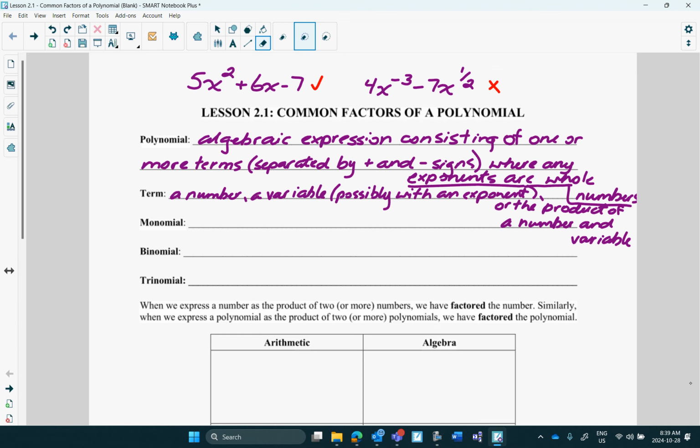Okay, these last three, hopefully you remember. A monomial is a polynomial with one term. And if you know that one, can you tell me what a binomial is? Two terms.